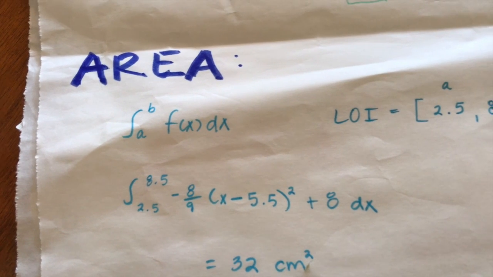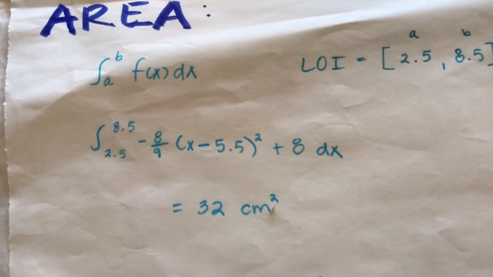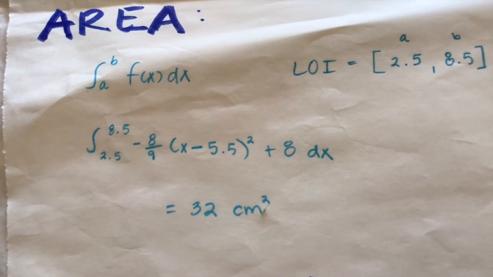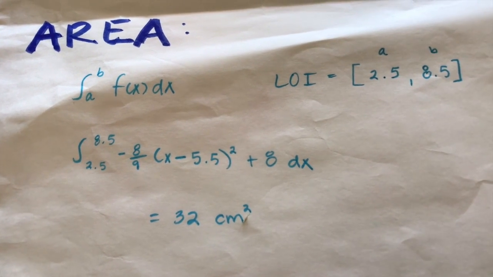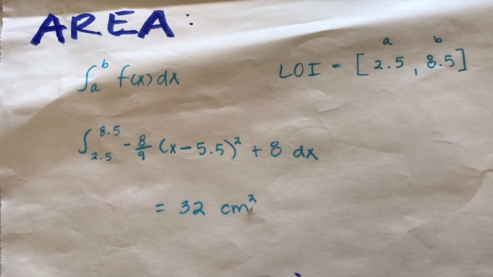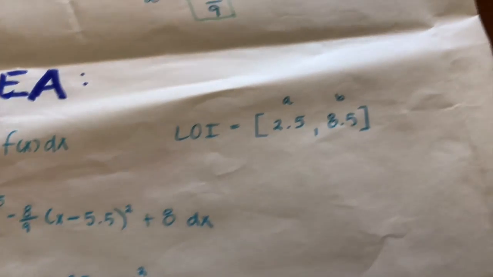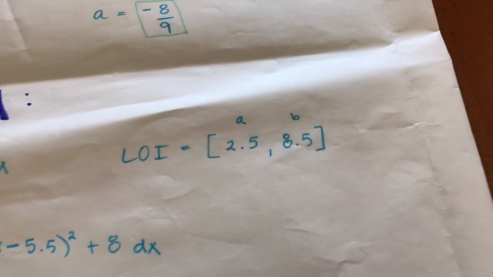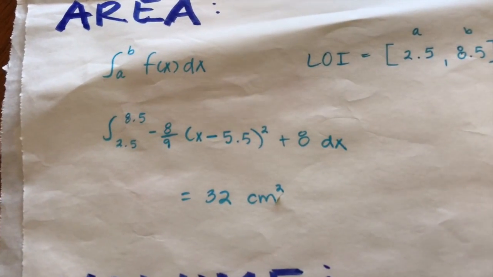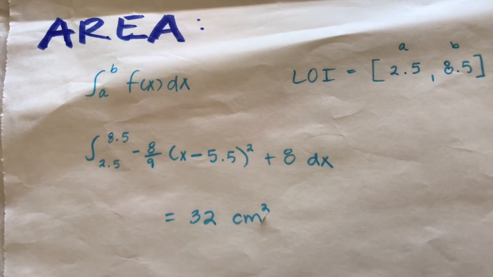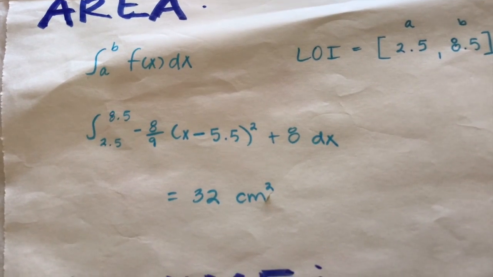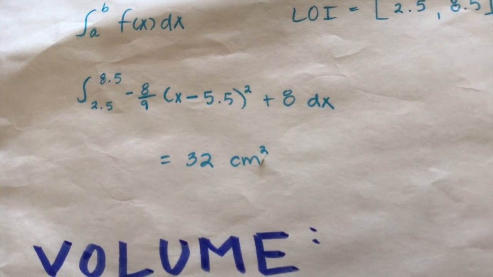So we plug in our equation that we found. F of x is equal to negative 8 over 9 times (x minus 5.5) squared plus 8. We plug that into our integral, and we found our limits of integration, which go from 2.5 to 8.5, and those are a and b. So we plug those in, and then we plug it into a calculator, and we get 32 centimeters squared.